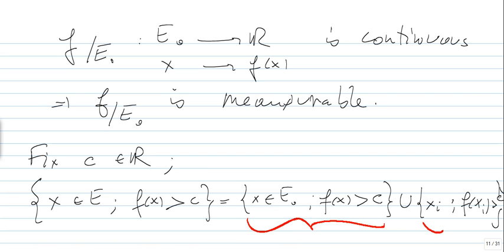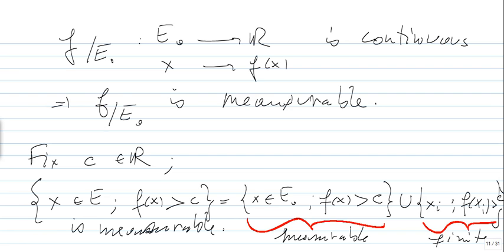And this set here is finite, therefore it is measurable, it's closed. A union of two measurable sets is measurable. Therefore, this set is measurable, which implies that our function f is measurable. So the conclusion is valid.